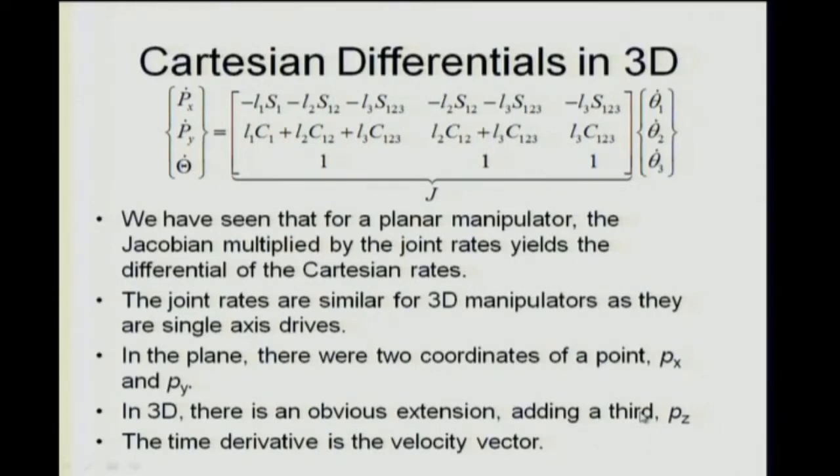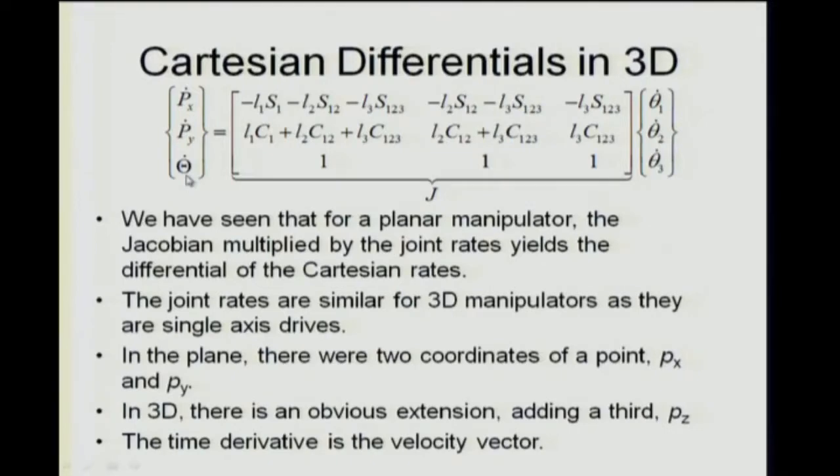Now, when we did the planar Jacobian, we looked at a term like this, right, where in 2D we had position and then we had only one angle which characterized the Jacobian. So we looked at the rates and we related it to theta 1 dot, theta 2 dot, theta 3 dot, and it was very simple to find out the rate of motion of the end effector.